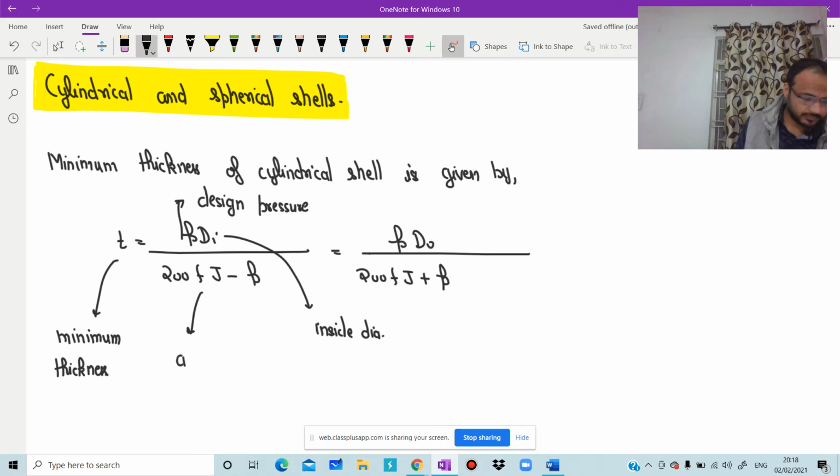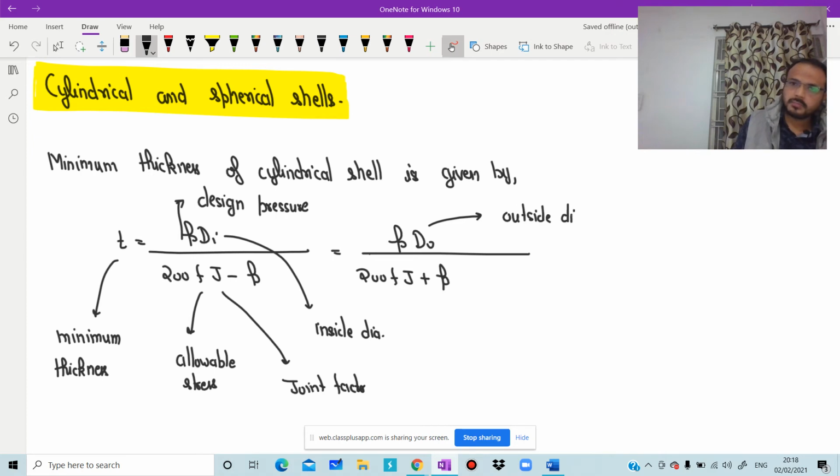F is the allowable stress. J is the joint factor. Remaining terms are the same. D naught is the outside diameter of shell.